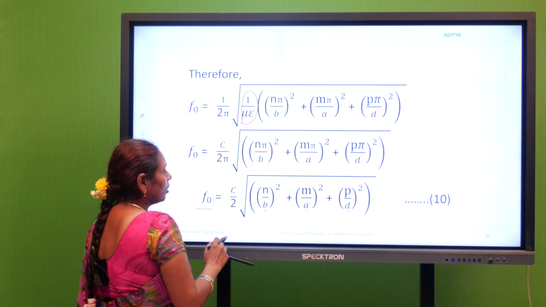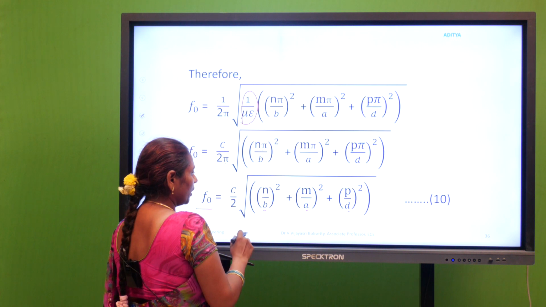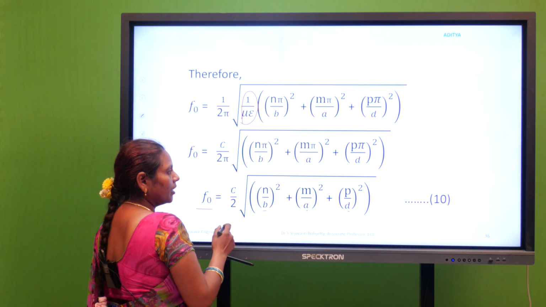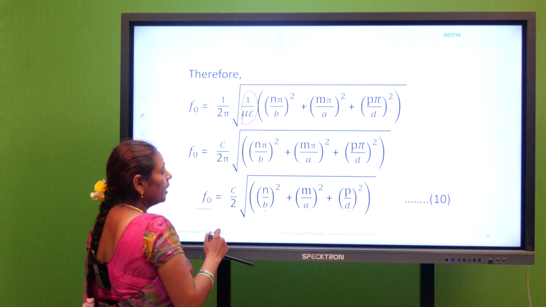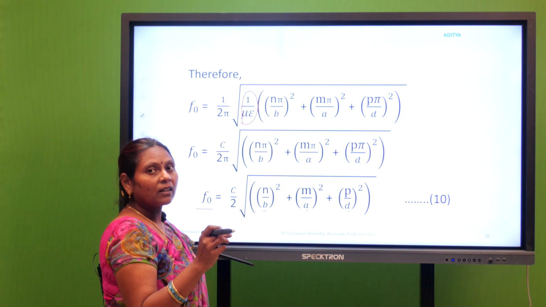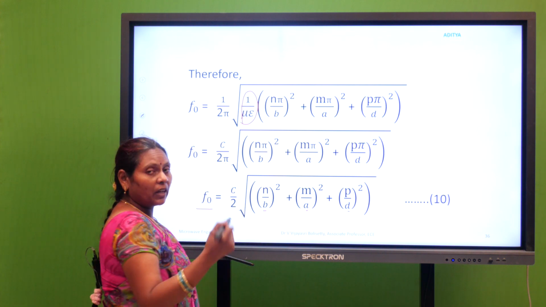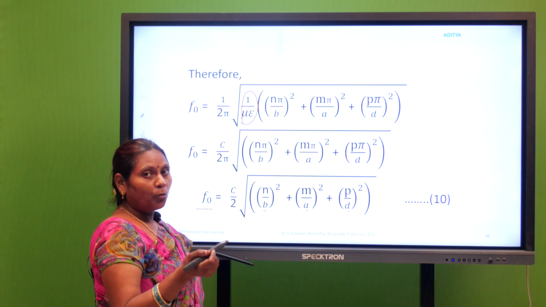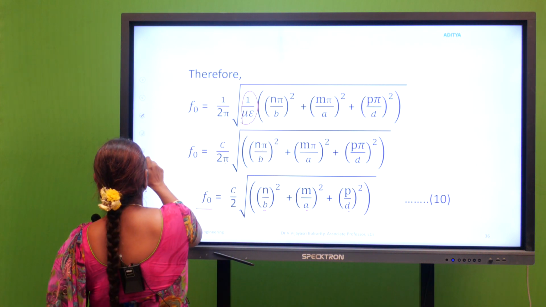There is no change for TE mode or TM mode. So this is the resonant frequency for both TE and TM modes, whereas the resonant frequency for the circular waveguide differs for the TE mode and the TM mode.